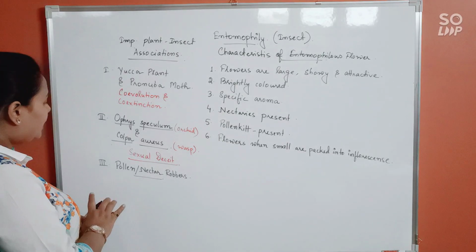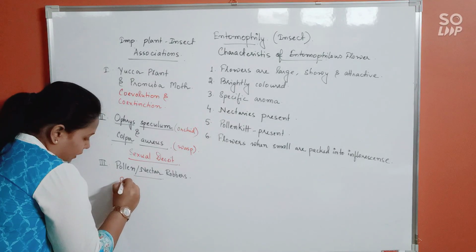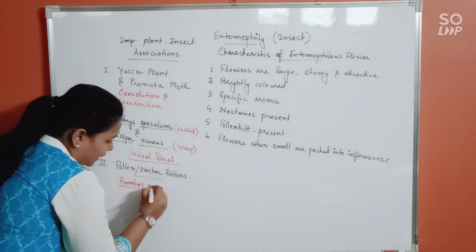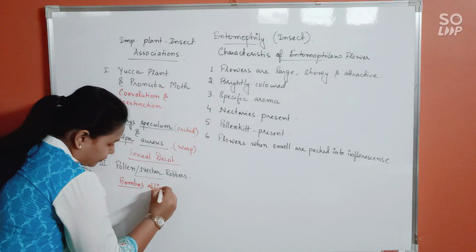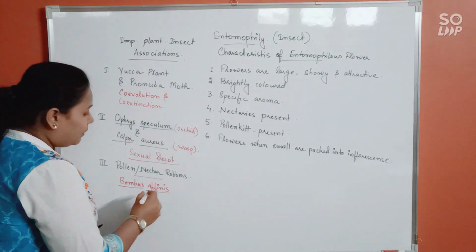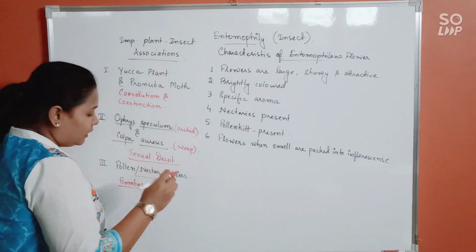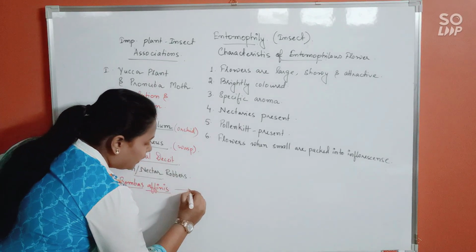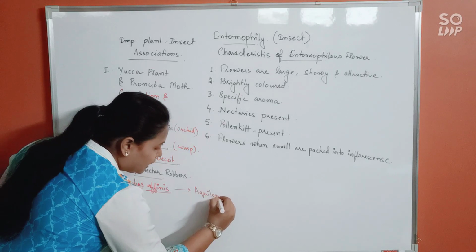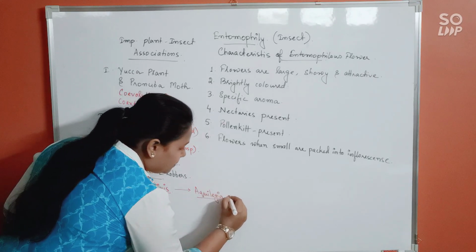Okay? Example is important, that is Bombus affinis, the insect. It will be perforating the flower of Aquilegia spurs.